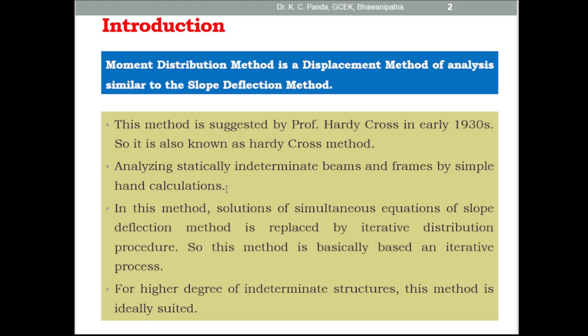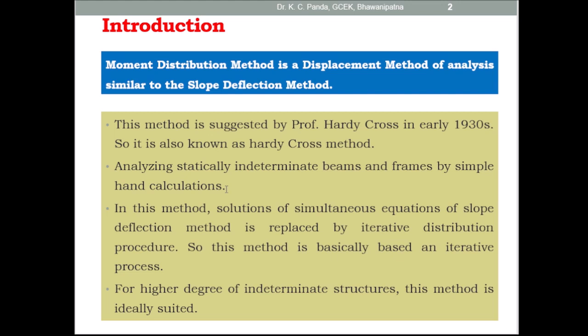Then half of the distributed moments are carried over to the far end of the members. Because of the carryover moments at joints, again unbalanced moments are created which are further distributed and carried over. In this manner, the iteration is performed in successive cycles of operation till the values at the joints become insignificant.